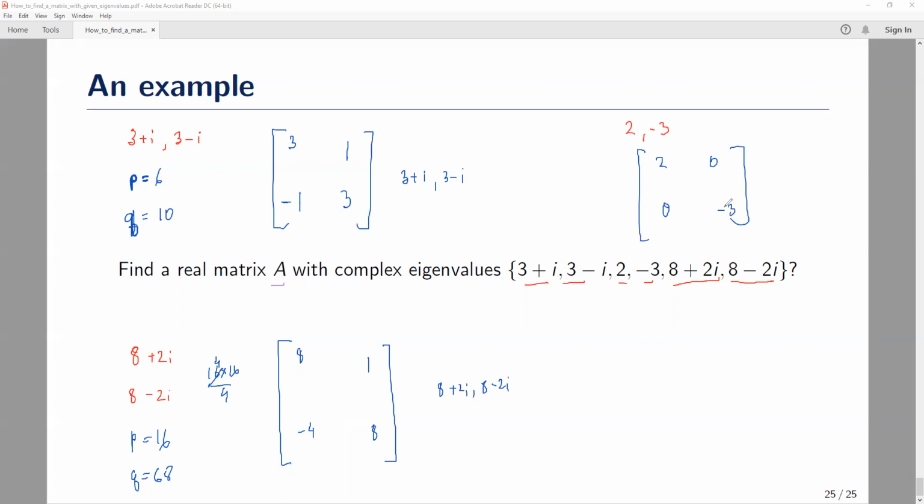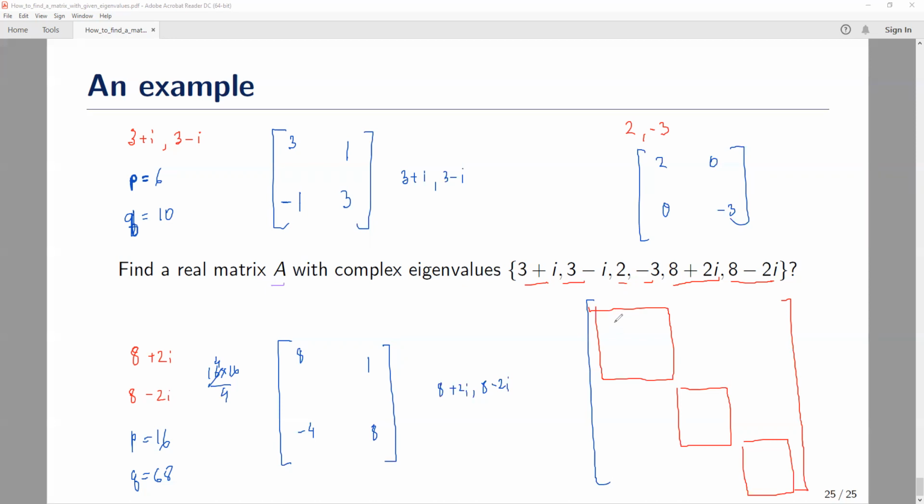So what we do is make it into a block diagonal like this. Three matrices are there: 3, 1, minus 1, 3; 8, 1, minus 4, 8; and 2, 0, 0, minus 3, and all 0 otherwise.